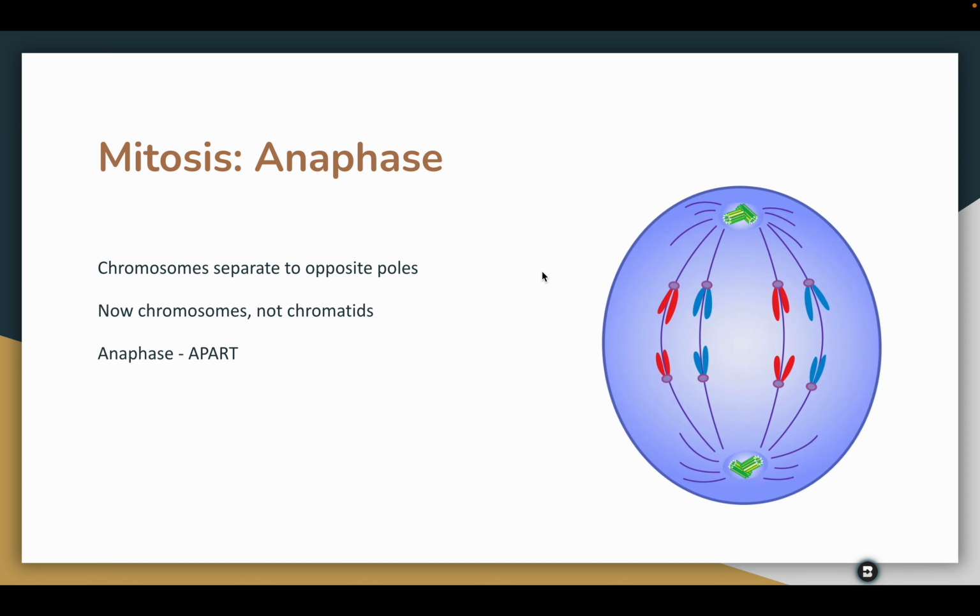So the question is, how many chromosomes are going to be in each individual daughter cell? The same as what we started with. Okay, so they're now separating to opposite poles. So those centrioles with those spindle fibers, in class I like to describe them as hands grabbing onto something. So they're like hands extending, grabbing onto the centromere of the chromosomes to pull them apart.